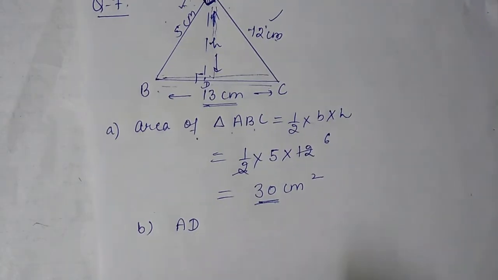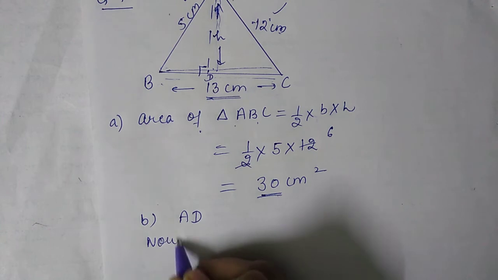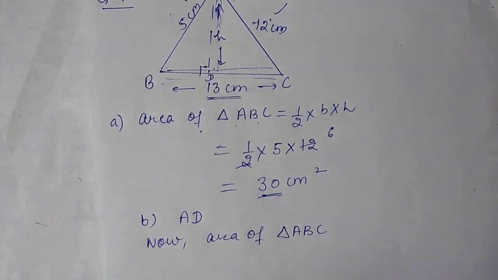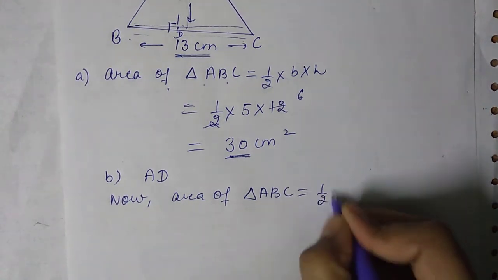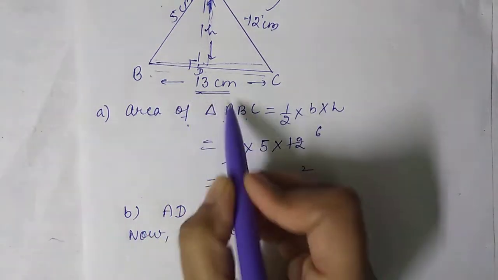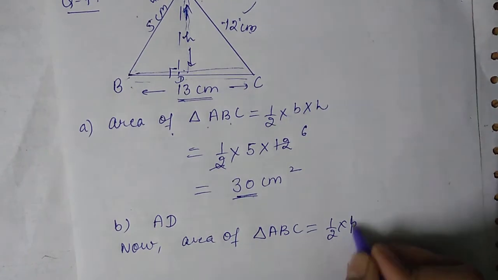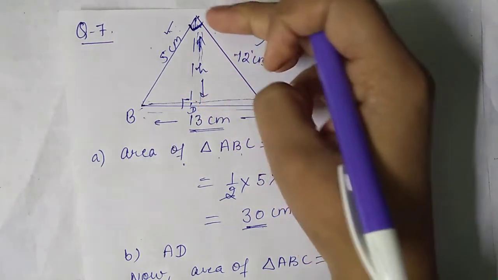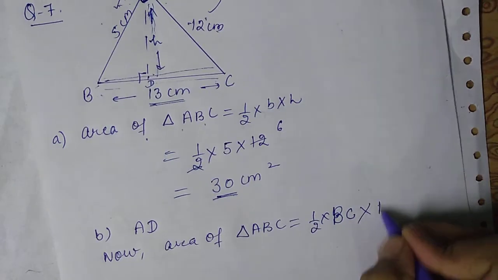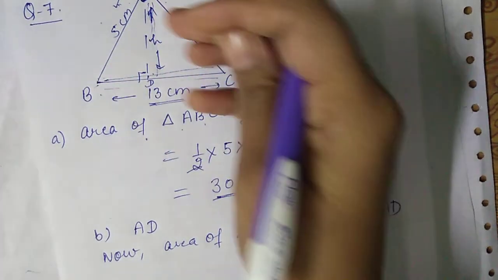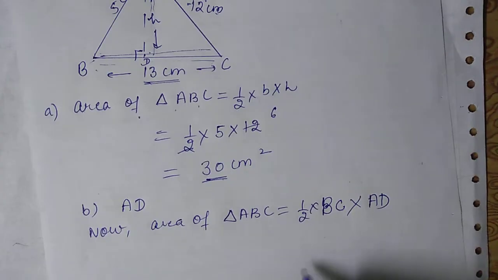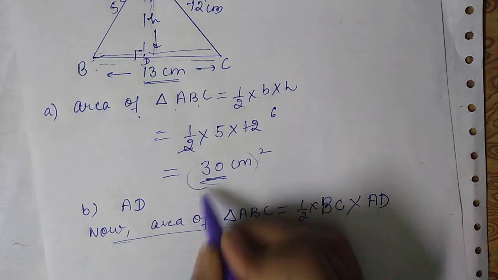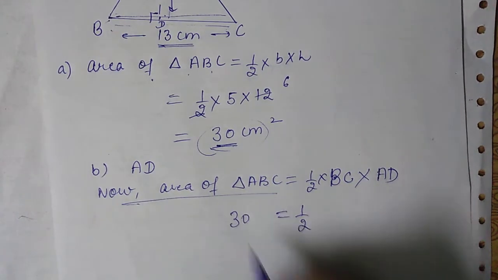So area of triangle ABC, right angle triangle, that is half into base into height. In place of base, can I write BC? And in place of height, this is height, I can write AD. Yes, because this is also height, you can write H or AD. So half, BC, area of triangle ABC I have already calculated, so I will write 30.